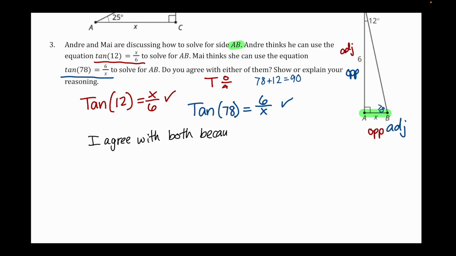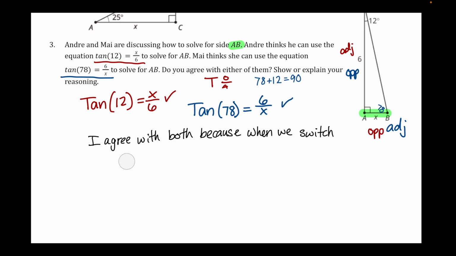Because when we switch to the other acute angle, you know what, let me word this better.